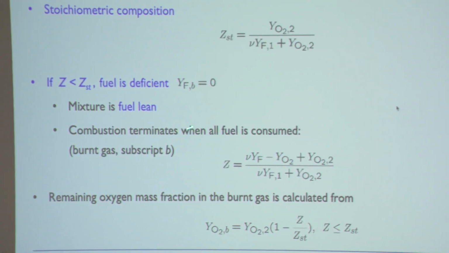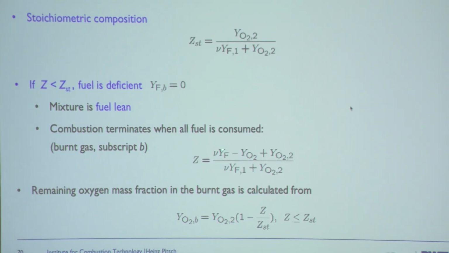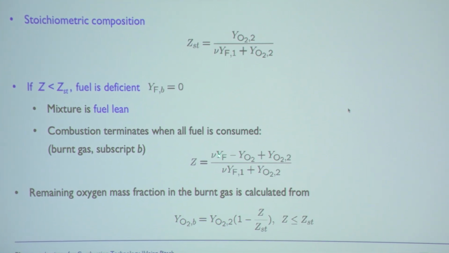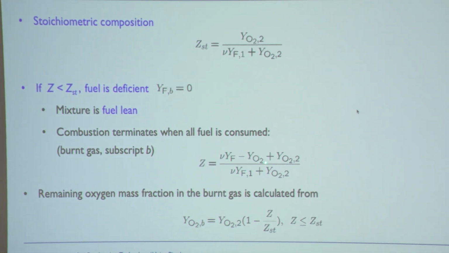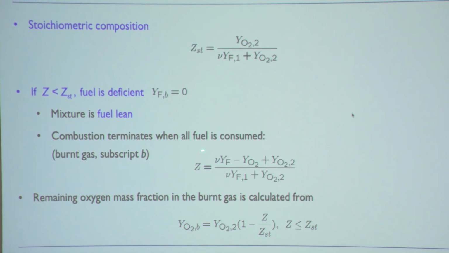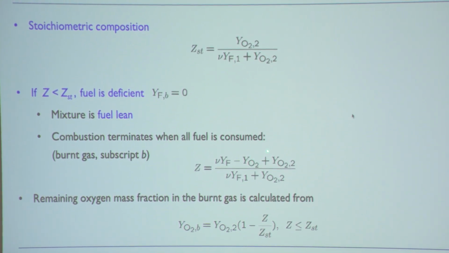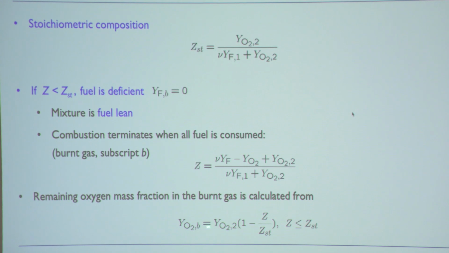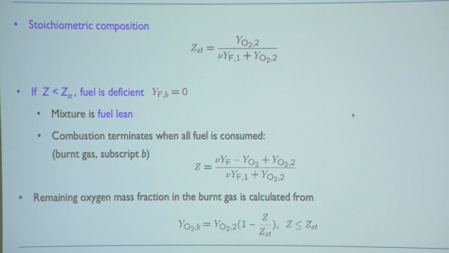So in this region the fuel must be 0, and then I can solve this equation for YO2, and I get YO2 as a function of Z. This part here is nothing else than Z stoichiometric. We introduced that, and then this is what we get, okay?